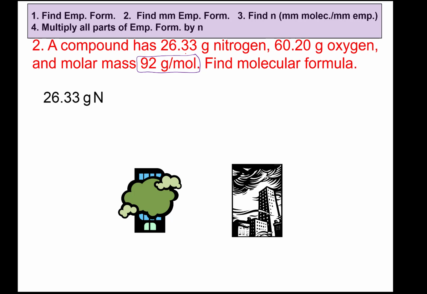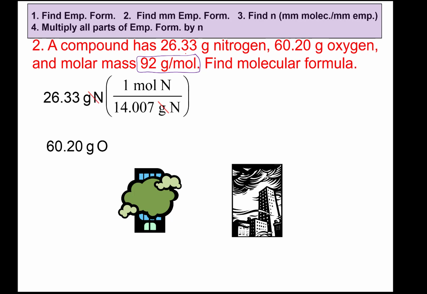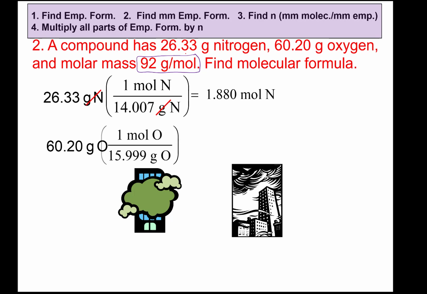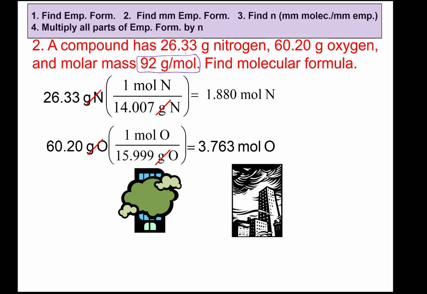So we've got 26.33 grams of nitrogen, 60.2 grams of oxygen, divide by the molar mass. So percent to mass, mass to mole, divide by small, and then multiply till whole. They're already whole, so that's our formula. NO2, nitrogen dioxide is the name of that.